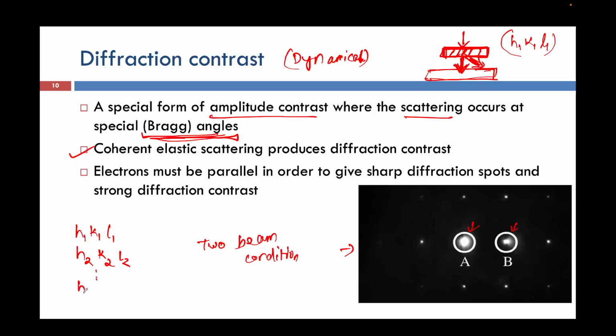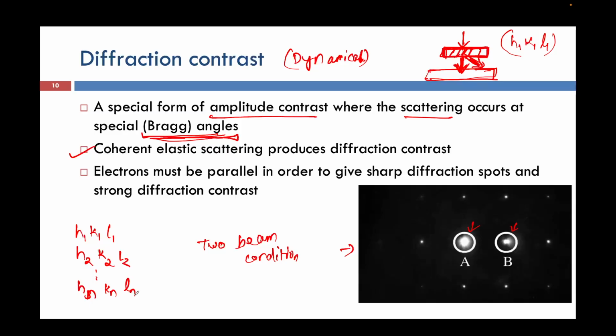Similarly, it can also diffract from, let's say, Hn, Kn and Ln, right? That means the diffracted beam itself can diffract n number of times. So the diffracted electron must be traveling at the Bragg angle to the other Bragg's planes also.